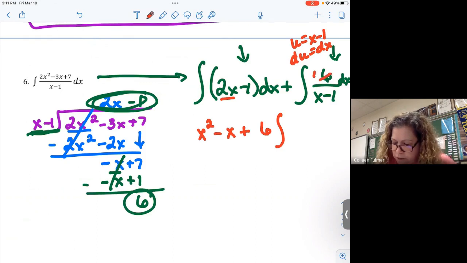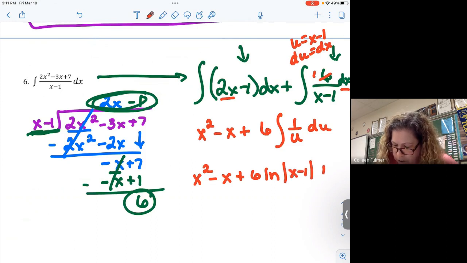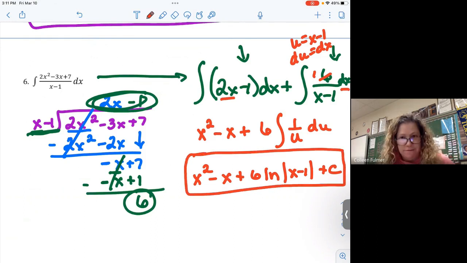So 1 over x minus 1 is 1 over u, and the dx is du. So my final answer is going to be x squared minus x plus 6 natural log of the absolute value of u, which is x minus 1, plus c. And that's your answer. Did you get it right?